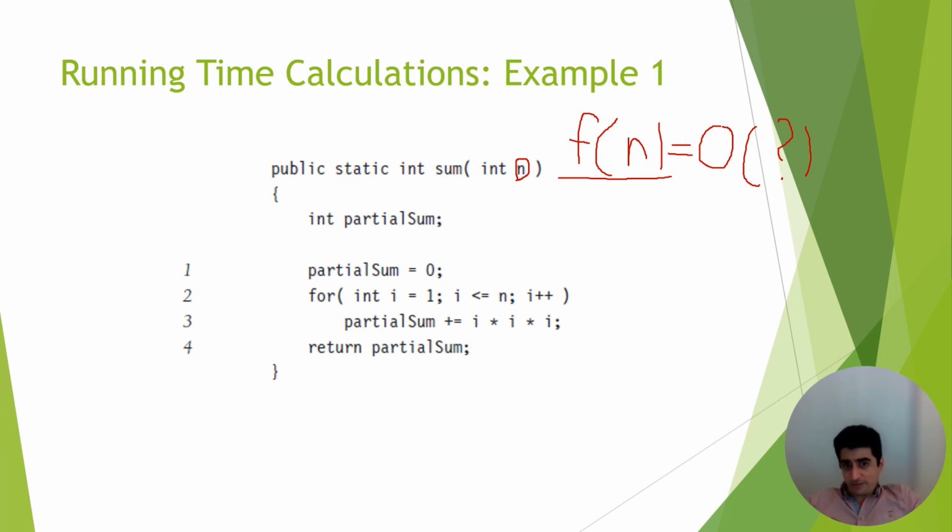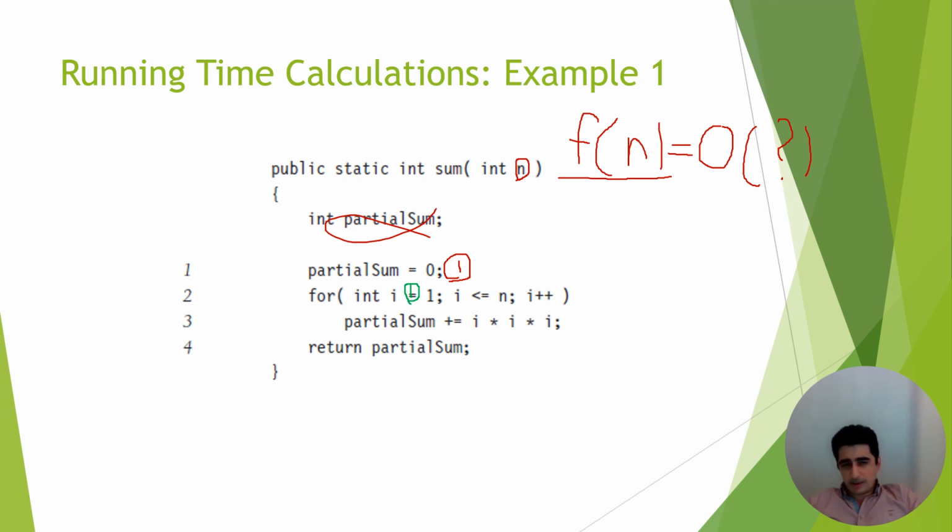So in order to calculate f of n in a very exact fashion, based on the assumptions that I said, I have to go line by line and do the calculations that way. This one doesn't have any instruction in it. This one has only one instruction, the partial sum equals 0. In this for loop, I have one instruction for the assignment of i to 1. That happens only once for the whole for loop. That's called the initialization step of the for loop.